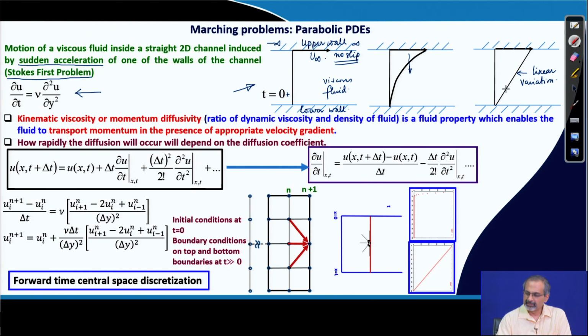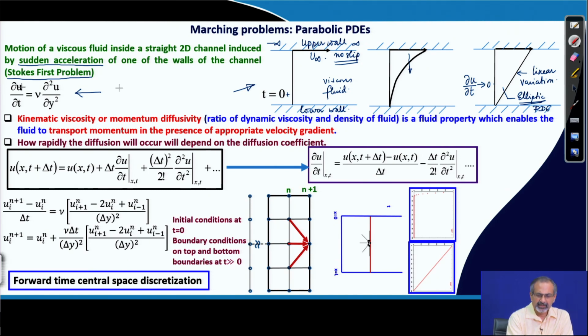and this problem can actually be solved as an elliptic PDE when at long times there is no more variation of u along the y direction.